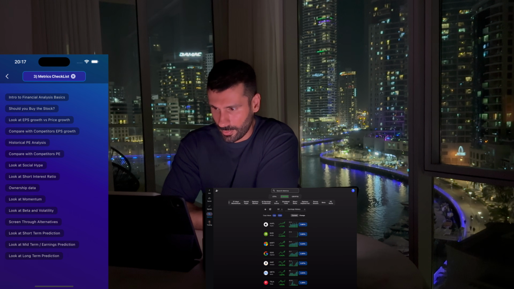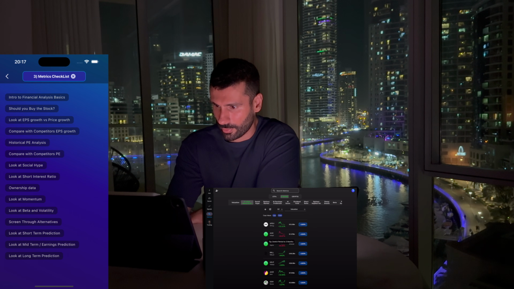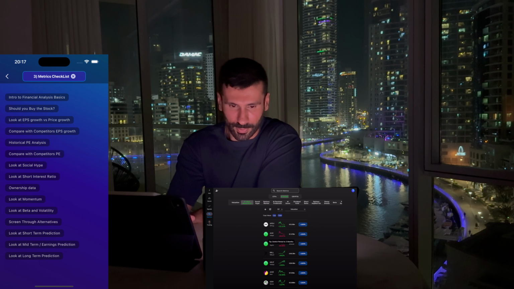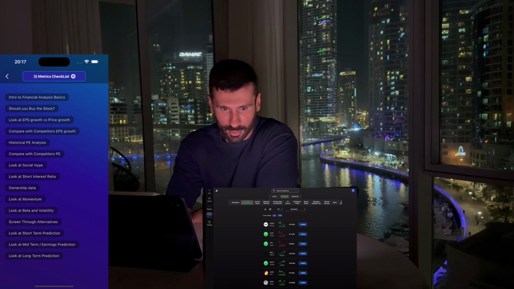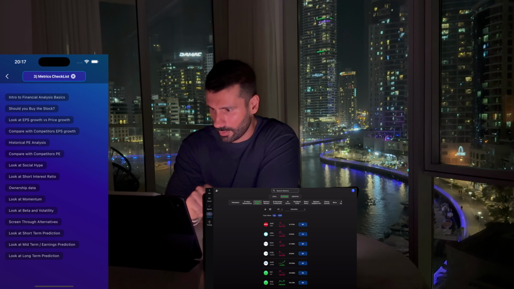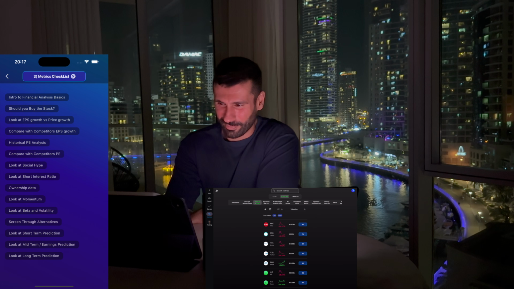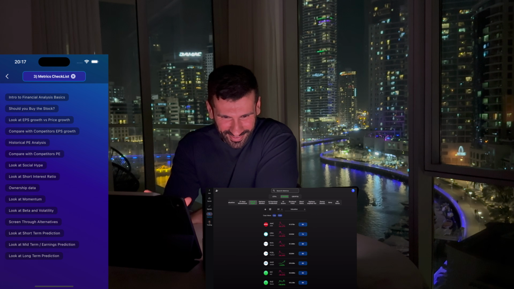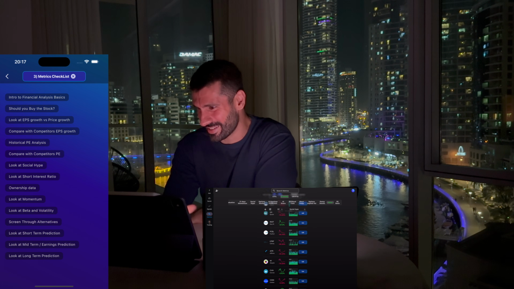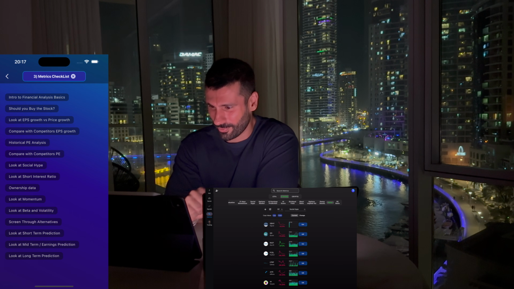You even have a momentum tab, 21 days momentum, where you can check momentum stocks. Social hype, you can check. AMC, still hyped. My God. And then beta and volatility, to see which ones are volatile or not.